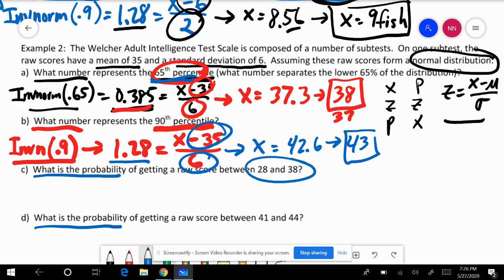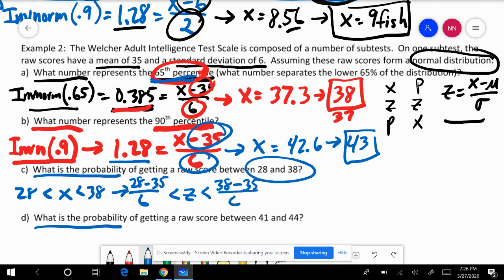So that means that our x value is in between 28 and 38, which means that our z value is in between two values also. So we have 28 minus 35 over 6, and we have 38 minus 35 over 6. That right there gives us two z values, negative 1.17, and 0.5.